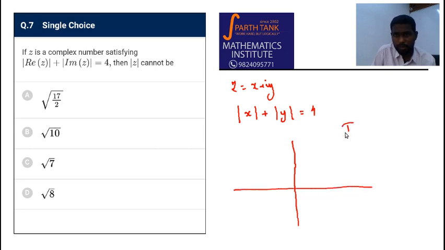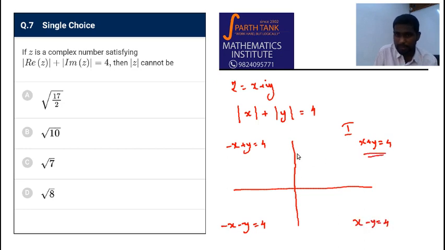Now in the first quadrant both are positive, so it will be x plus y is 4. In the second quadrant x will be negative, so it will be minus x plus y is 4. Third quadrant both are negative, so it will be minus x minus y is 4. Fourth quadrant y is negative, so x minus y is 4.